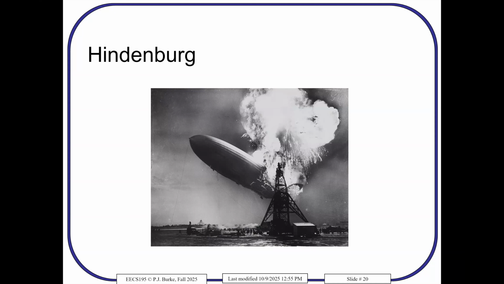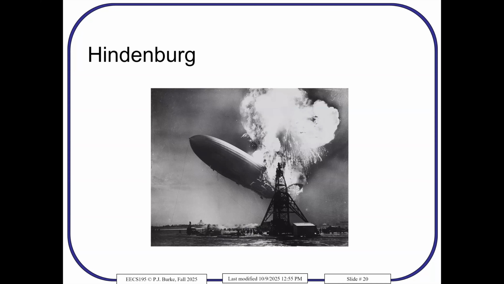So instead, Germany used hydrogen, because hydrogen is very plentiful. It's in the ocean because H2O, so you just have to split it. But hydrogen is also extremely reactive. And it's light, so it's great for aerospace engineering applications, but it's extremely reactive and flammable.